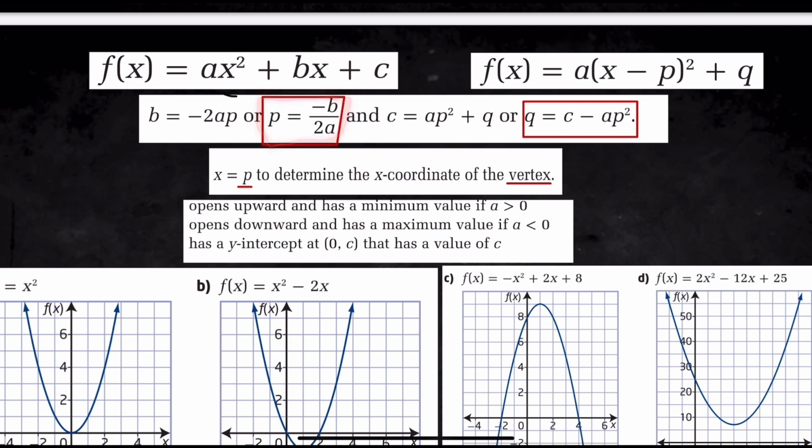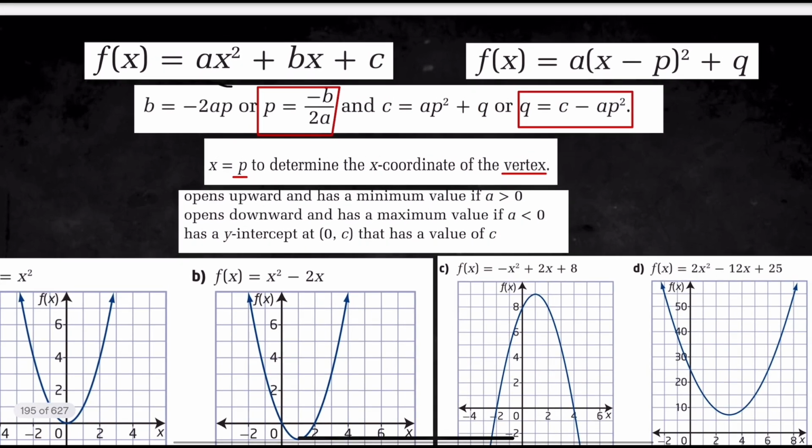Your p is minus b over 2a. And your q will be your c minus a times the p that you found, squared. Okay, got it? Perfect. So let's see some examples.